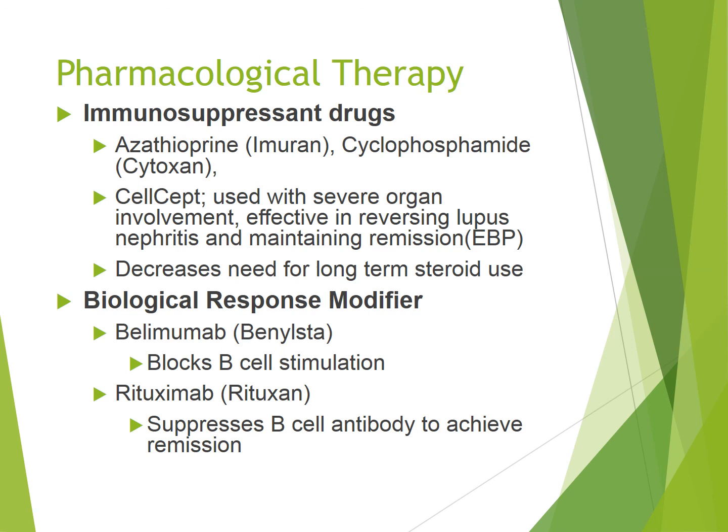Basically, the FDA has just recently approved this first one for the treatment of the signs and symptoms of lupus. What it does is it inhibits a substance that causes the B cells to be produced.